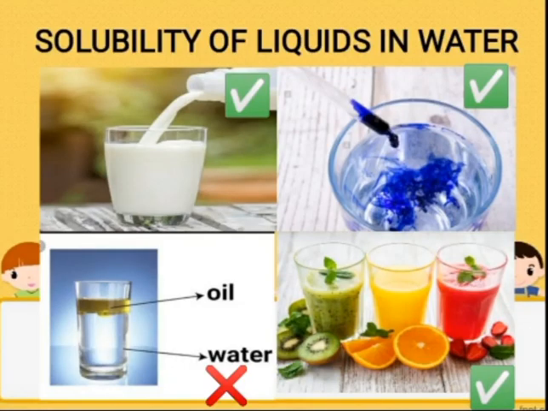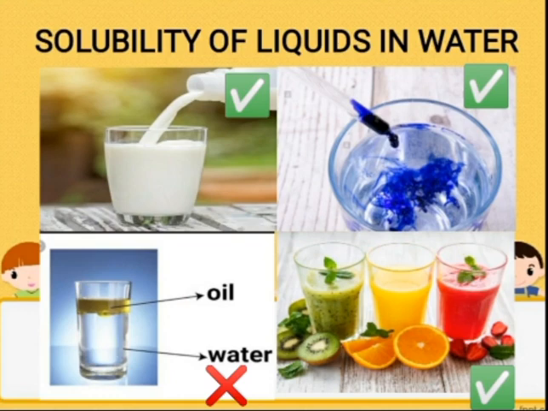So children, next topic is solubility of liquids in water. Now children, we will check which of these liquids are soluble in water and which are insoluble in water. First example is milk, then ink, third is fruit juice, and the fourth, we are adding oil in water.